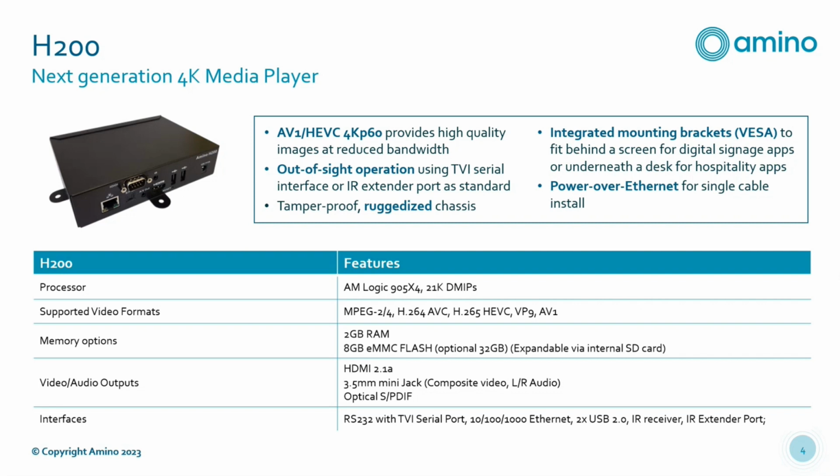And what makes it enterprise and digital signage focused? Well, a lot of it is the software that we've developed on top of it, but it's also the hardware. It's built in a ruggedized, tamper-proof metal chassis. It's got power over Ethernet to make it really easy to cable and power the device, so a single cable provides power and also the network.